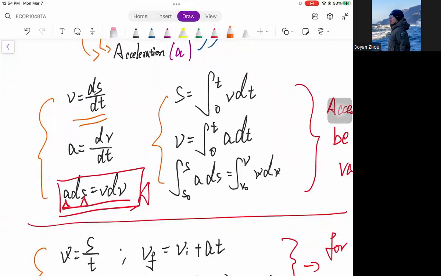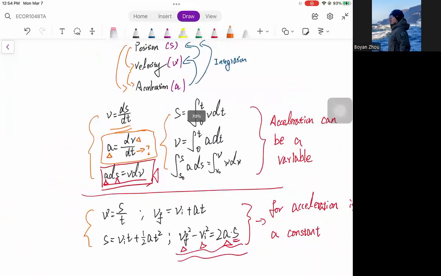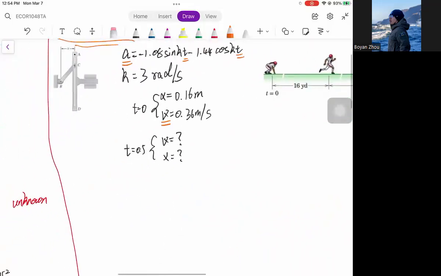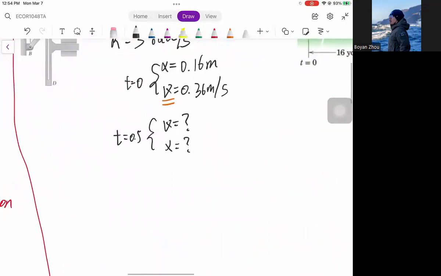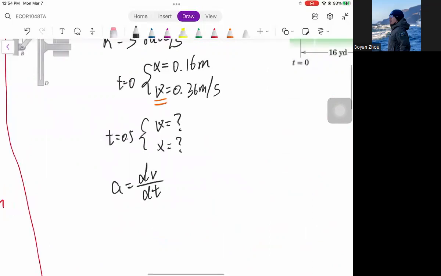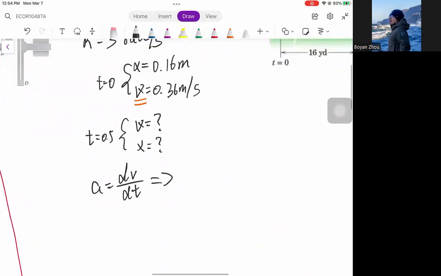We have velocity, we have acceleration, and we are looking for t. So that is the one we're actually going to use. Back on here, we have a is equal to dv over dt. Just rearranging this one, we have dv is equal to a times dt.